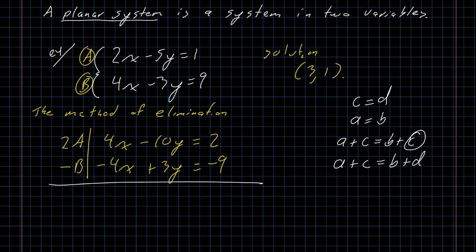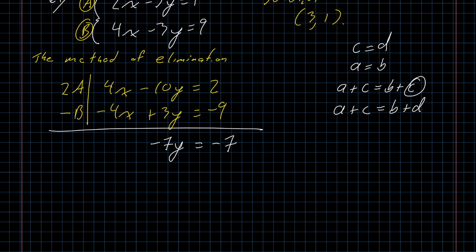Immediately, the x variable is eliminated. That's why this process got the name it got. Then I have minus 10y plus 3y. All told, that's minus 7y. On the right-hand side, I have 2 minus 9, which is negative 7. Divide both sides of the equation by negative 7, and I get that y is equal to 1.